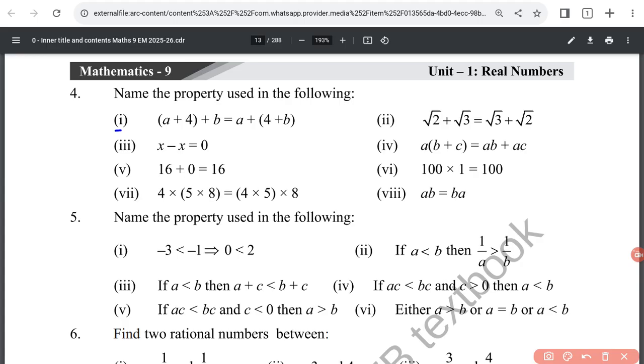If the first question is a plus (4 plus b) is equal to (a plus 4) plus b, so this is the associative property of addition. Associative property of addition.